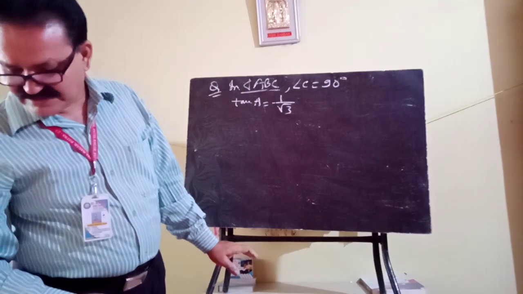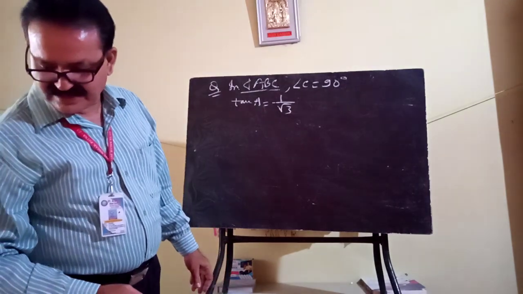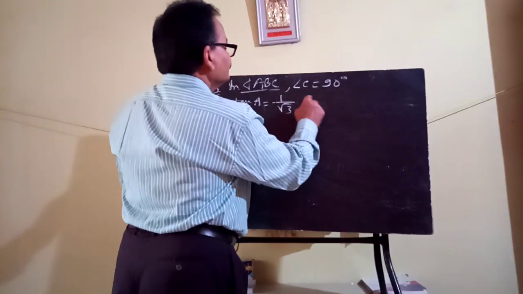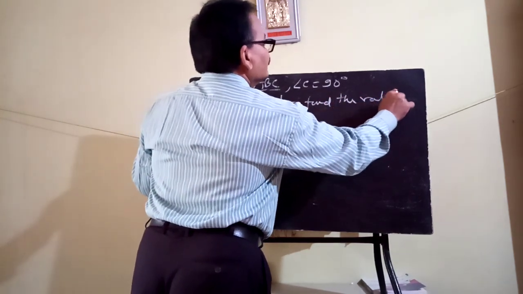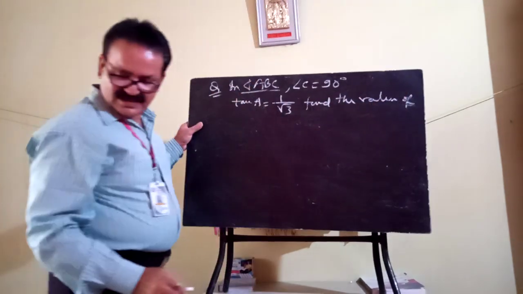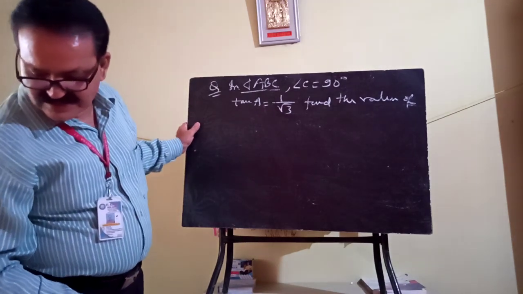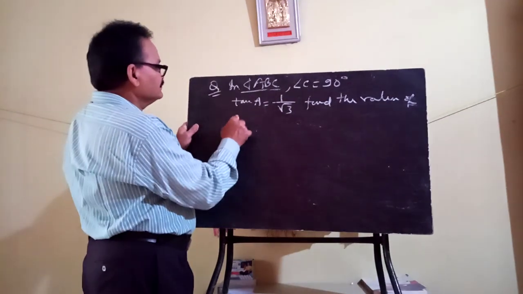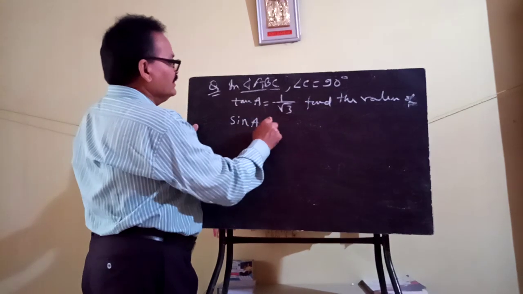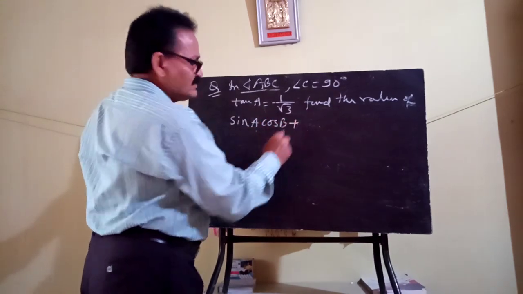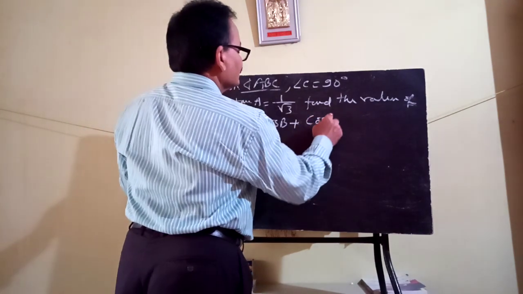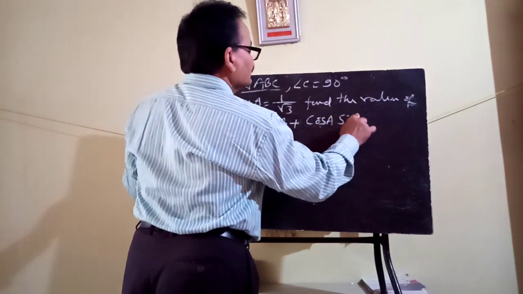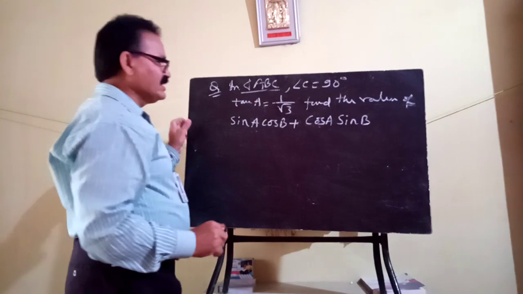Tan A equals 1 by root 3. Then find the value of sin A cos B plus cos A sin B.